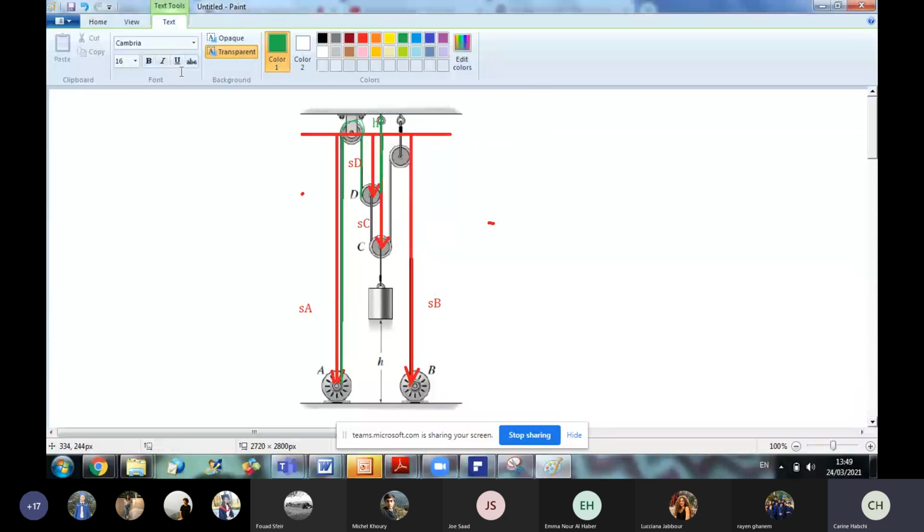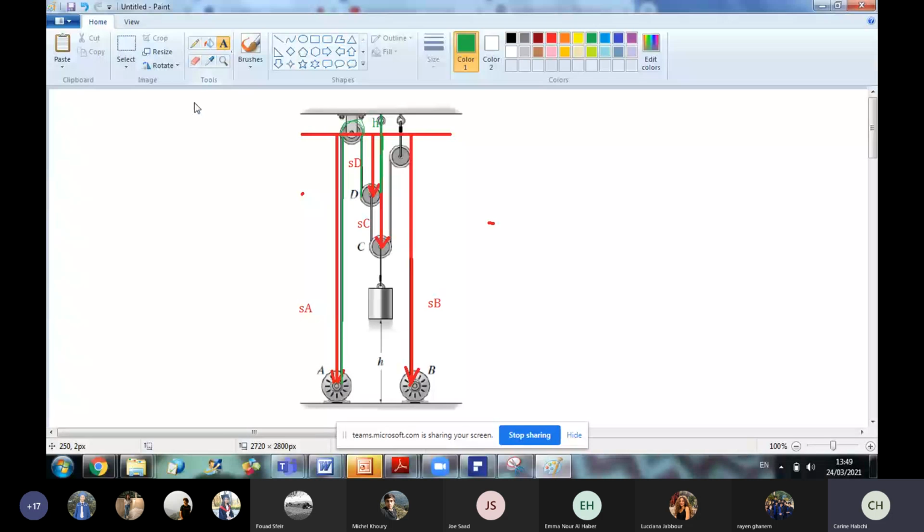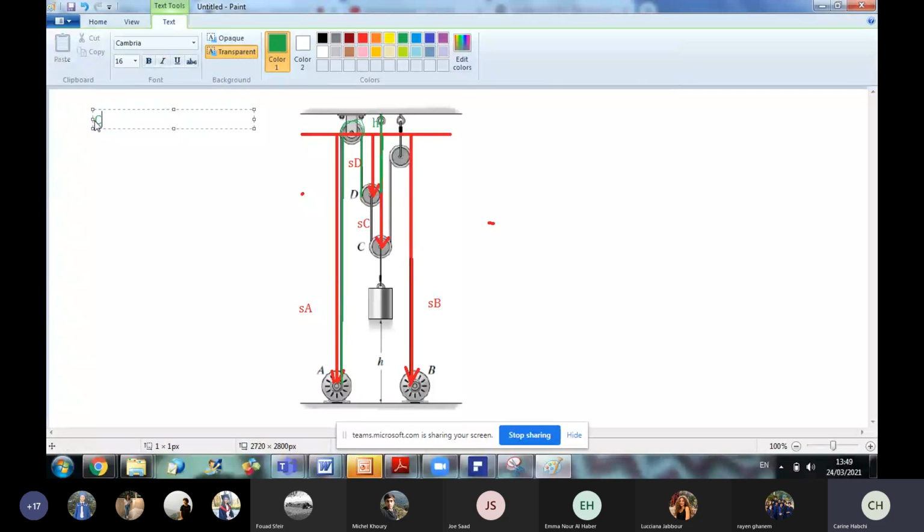So now, in summary, if I want to write the length of the first chord, let me put a bigger font for you to see it well. For chord 1, the total length is SA plus, we said we have SD here for the first time, and here SD for the second time.